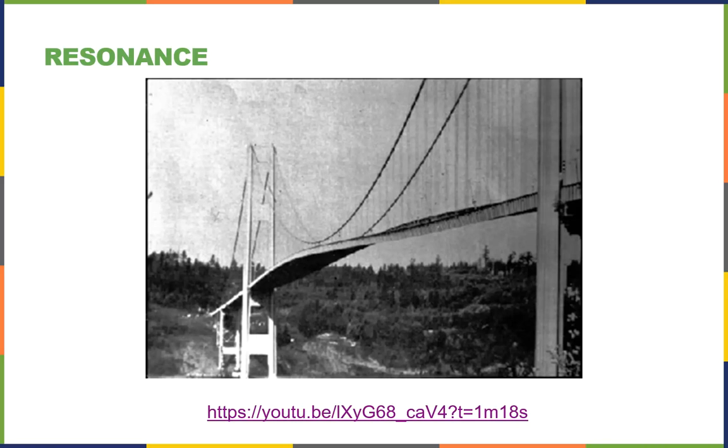You saw it had some tipping motions, different modes of oscillation, and each one has a different frequency that it'll oscillate at. And if the frequency at which the strings are vibrating matches the frequency at which the span can vibrate, then energy from the wind builds up and is transferred to the span, and the whole span does its crazy oscillation. And so that's what led to this failure.